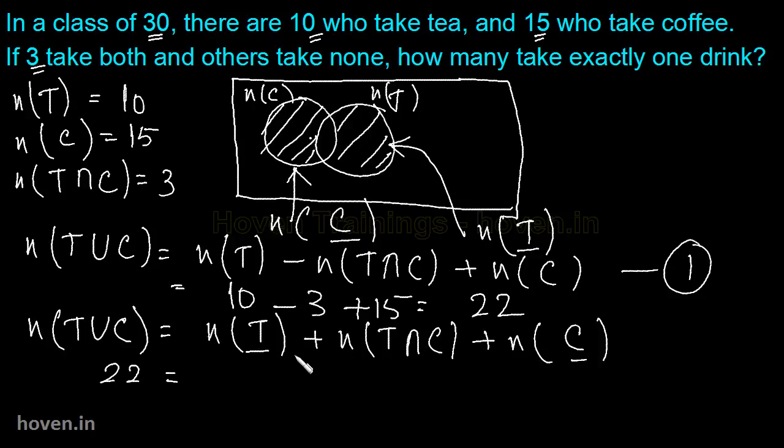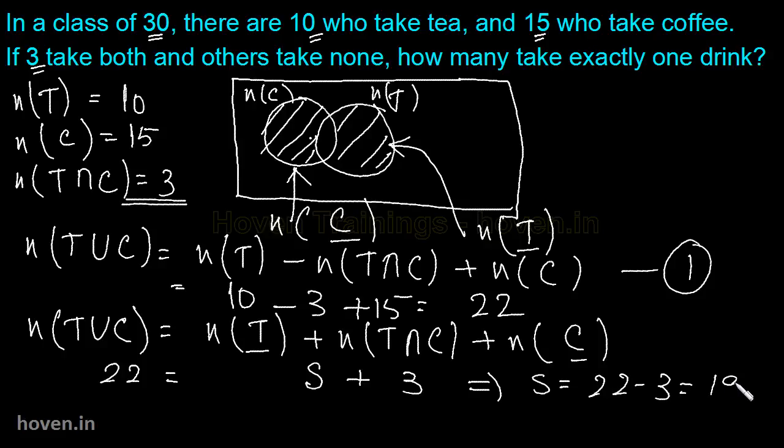And NT intersection C is available to me from this. So this 3 is available and this sum I have to find out. So I can just put these two figures as S here for simplicity. So we can write S is equal to 22 minus 3, which is equal to 19. So 19 are those who take exactly one drink.